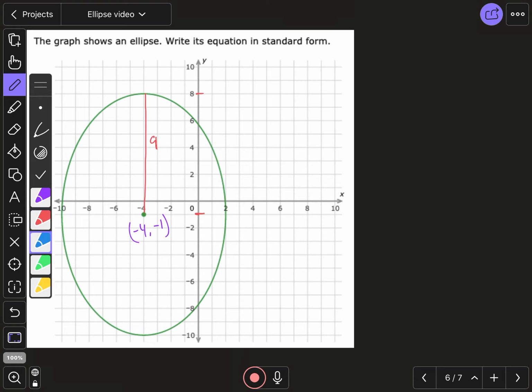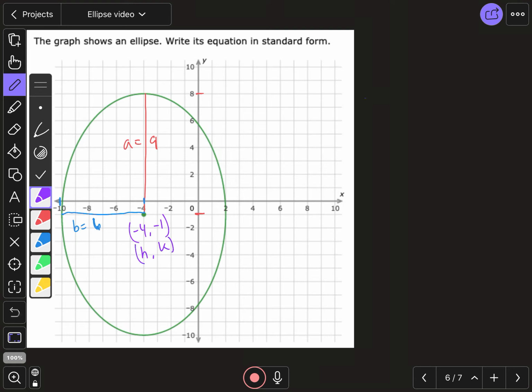And then here's half the minor axis. So from -10 to -4 is 6 units. And the 9 would be a, and the 6 would be b. And this would be h, and that would be k.